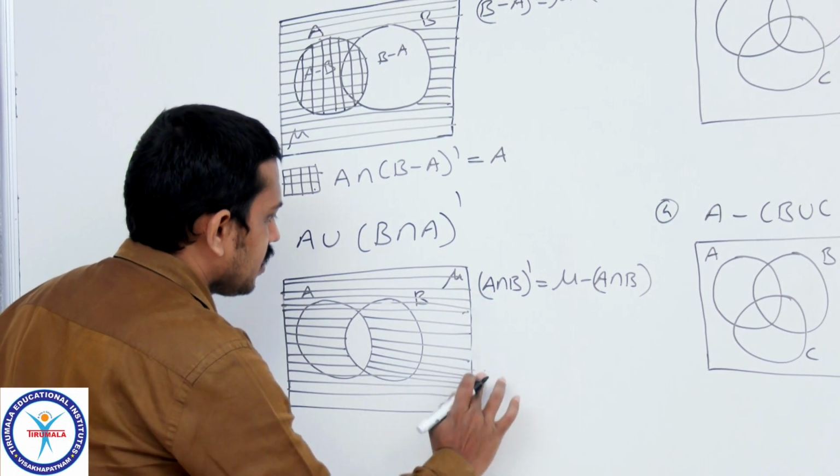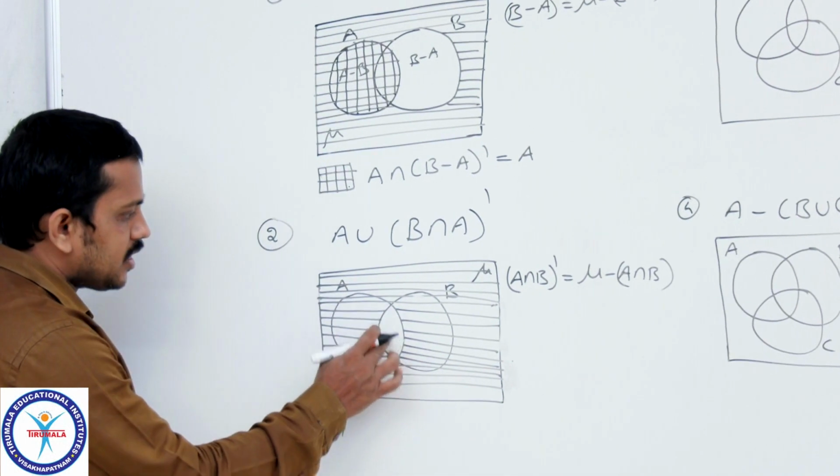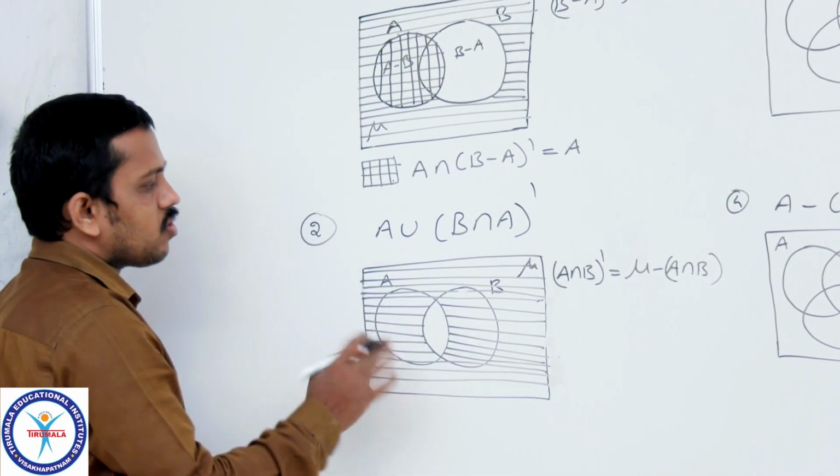So, this is the region belonging to mu minus A intersection B. Excluding this A intersection B, we shade the total region.